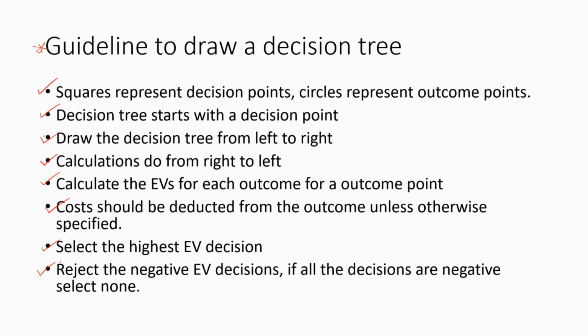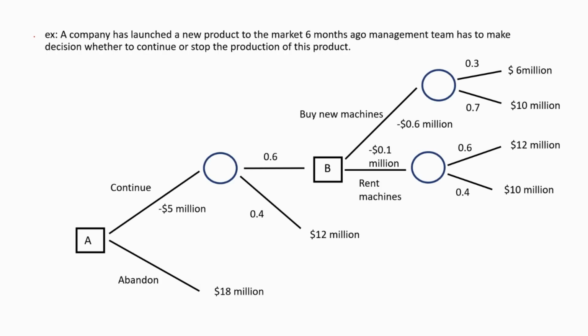Negative expected value here means a cost. We are not looking to increase our cost. We are looking to increase our revenue or profit. So reject all the negative expected value decisions and select the highest positive expected value decision. Let's do this example so you will understand what we have learned so far.